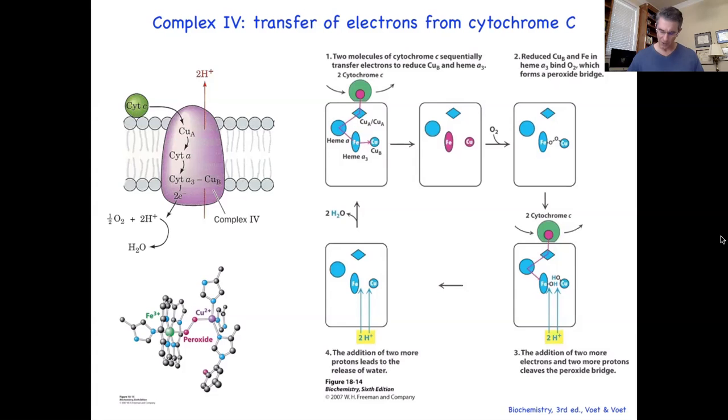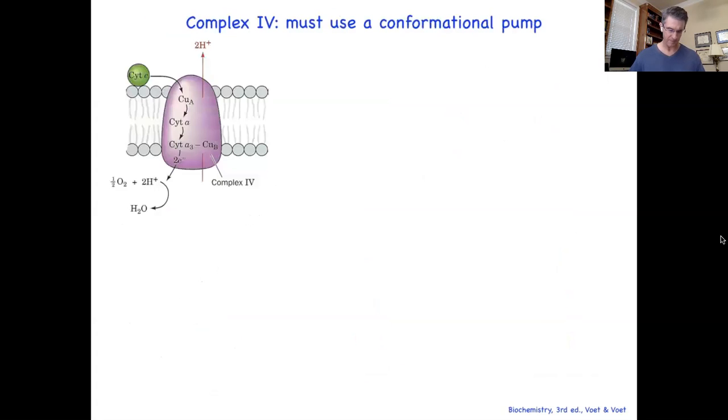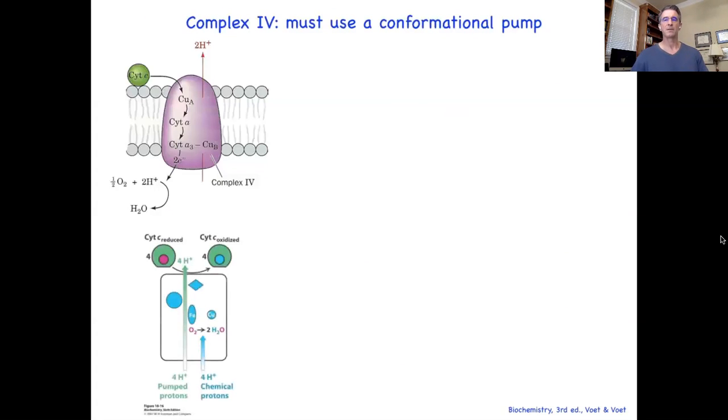But in addition to getting these 4 chemical protons in this process, what's also true is complex 4 also chemically pumps protons. So this is a big bang for the buck. This is kind of like complex 1 gives us a big hit. It directly is pumping lots of protons as well as taking up some chemical protons and making dihydroquinone. Complex 4 is doing the same thing.